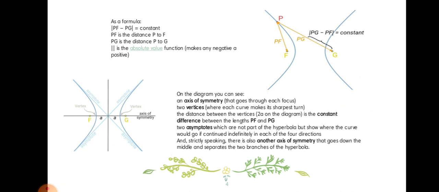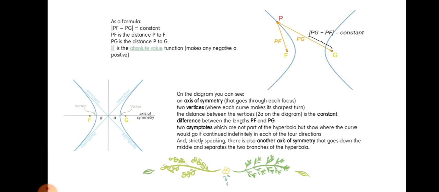PF is the distance from P to F. PG is the distance from P to G. The sign is the absolute value function, which makes any negative into a positive.